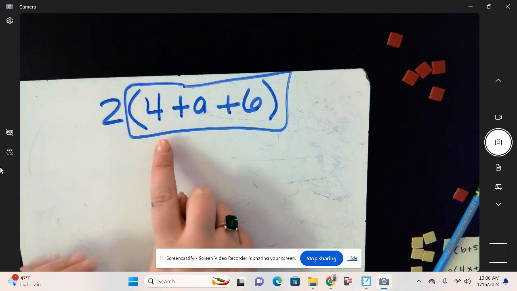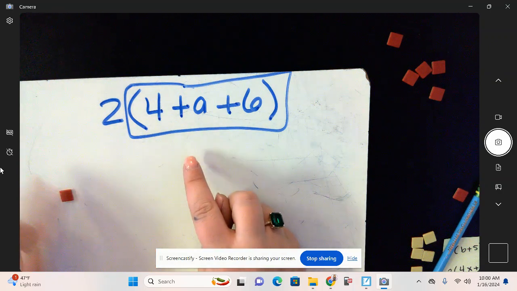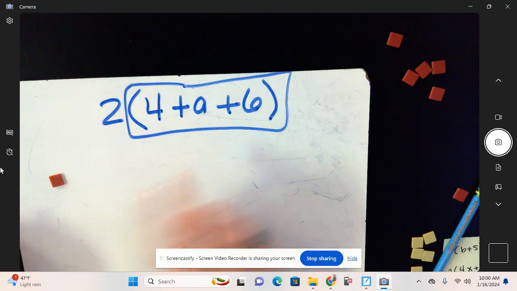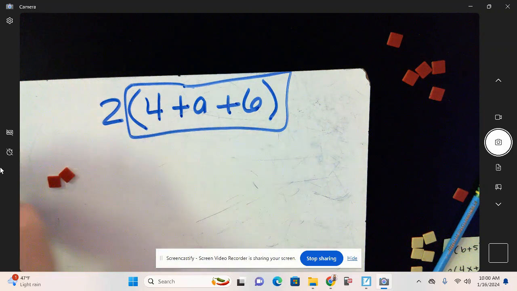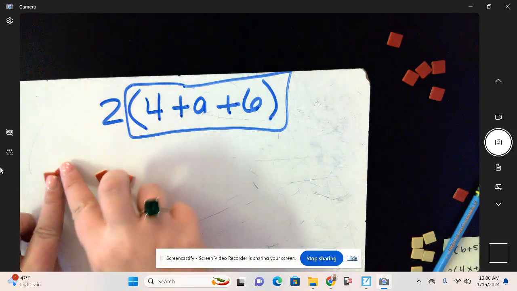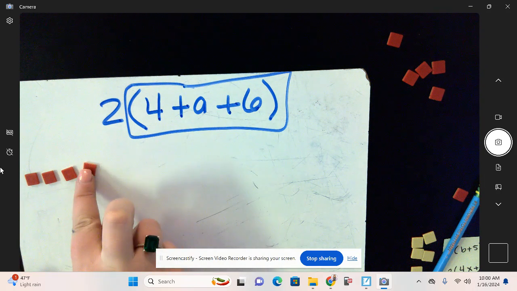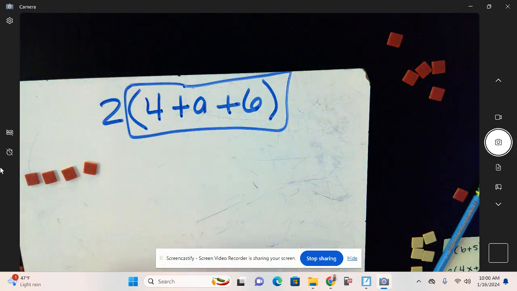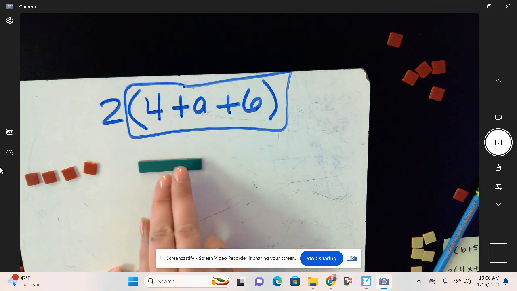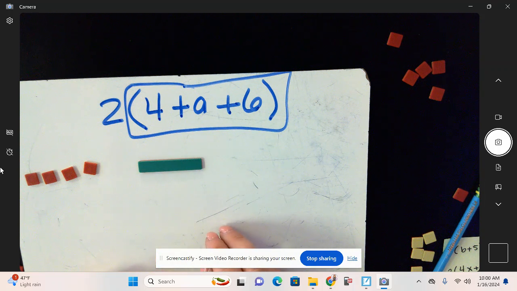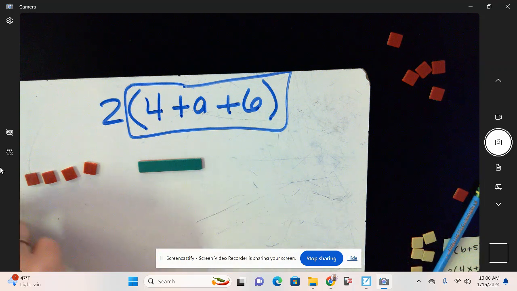We're going to build it the same order it's in. So we got 4 plus an A or an X or a C or whatever letter you want to use plus 6.